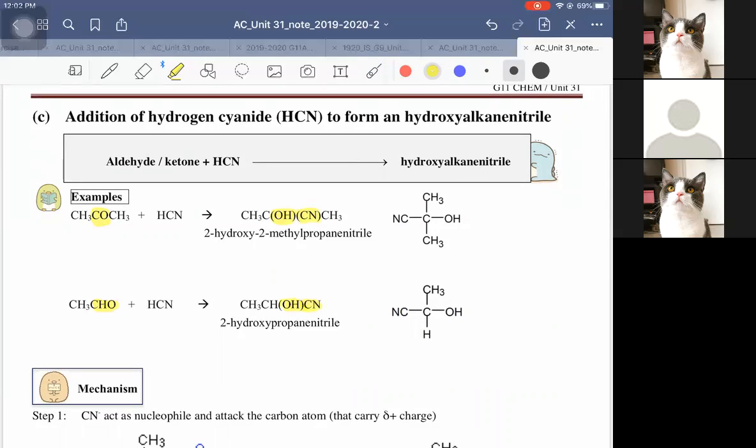Okay, so you can see on the structure, the carbon chain stays the same, but you just add two groups onto that carbon that originally had a carbonyl group attached to it. Okay, so you turn C=O to C-OH and C-CN. Okay, so you need to be able to work out the products.